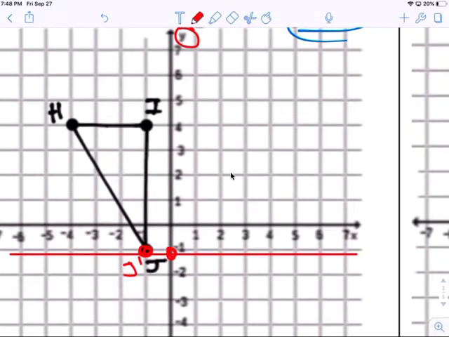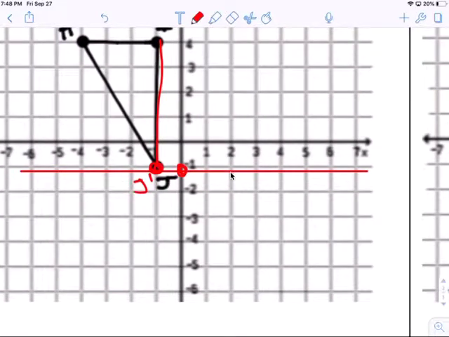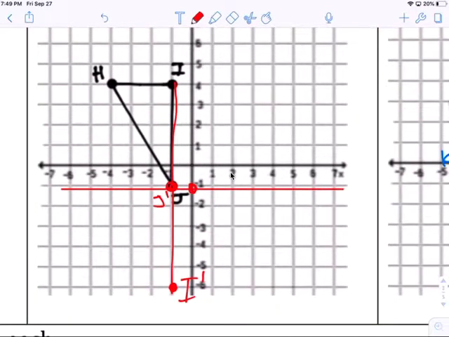I is 5 away, so I prime, its image, is 5 away also right here. And obviously H is directly this way by H prime, like that. That's a reflection. Okay?